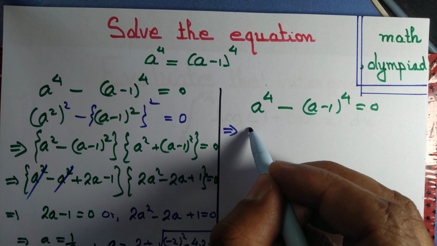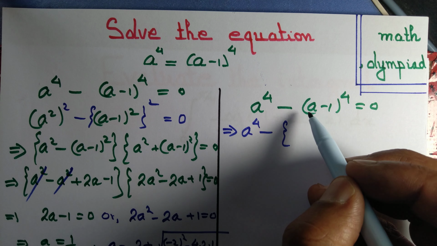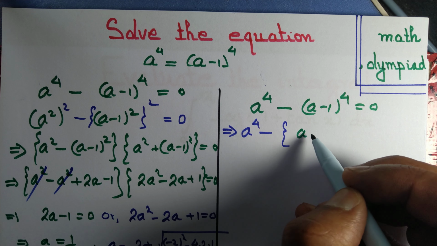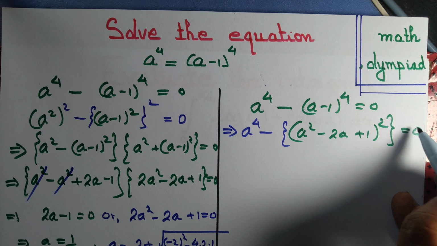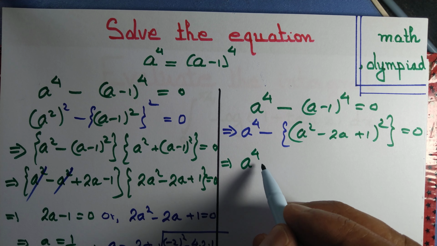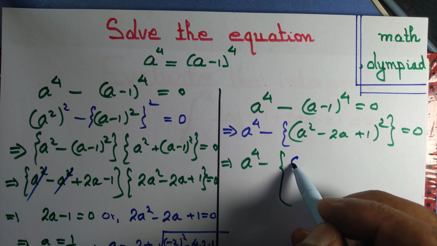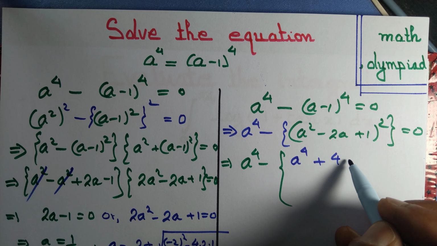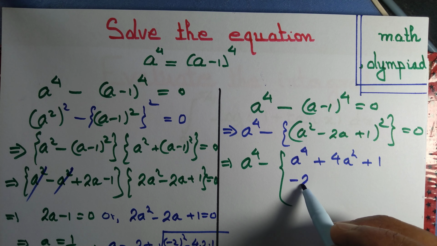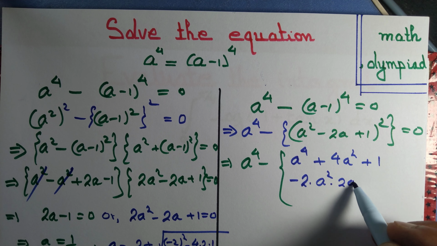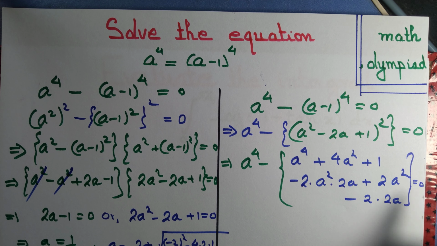Further, we can write this as a to the power 4 minus, we can expand (a minus 1) whole square, which is a square minus 2a plus 1, again whole square. So a to the power 4 minus (a square minus 2a plus 1) whole square. That gives a to the power 4 minus (a to the power 4 plus 4a square plus 1 minus 4a cube plus 2a square minus 4a) equal to 0.